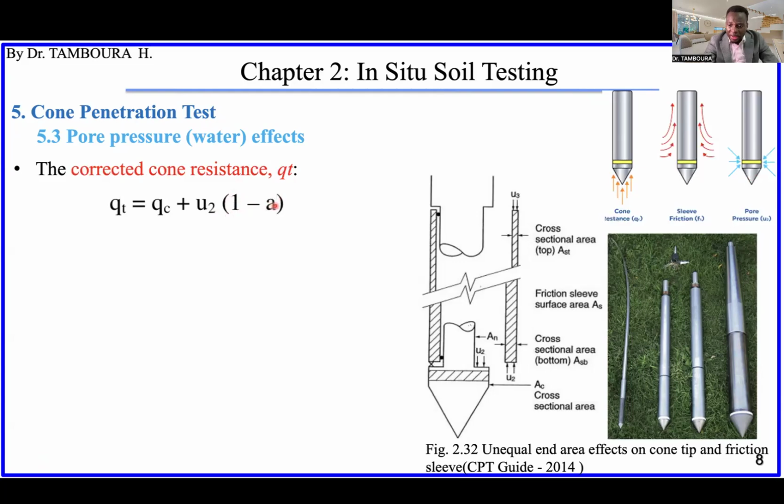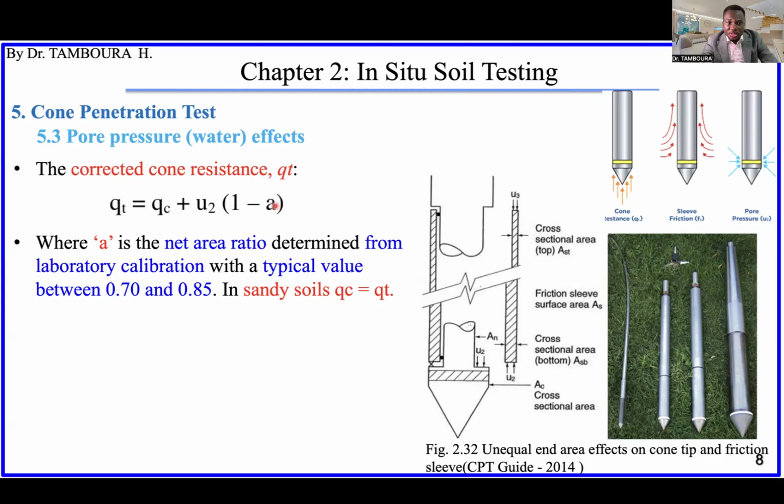What is a? a is the net area ratio, which can easily be determined from lab calibration, with a typical value between 0.7 and 0.85.